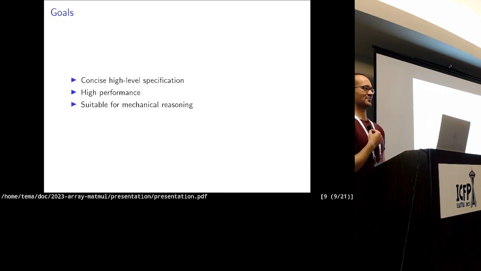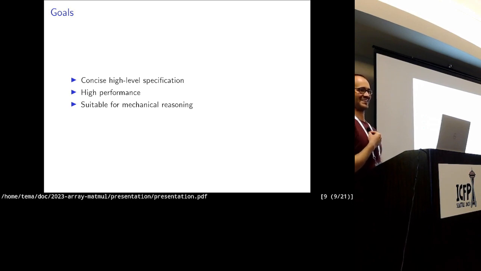So the goals that we have is to find a concise high-level specification of the algorithm and generate a high-performance binary from it, and also do it in such a way that we can reason mechanically about this and actually prove using, in our case, Agda, that this strategy leads to a correct specification.